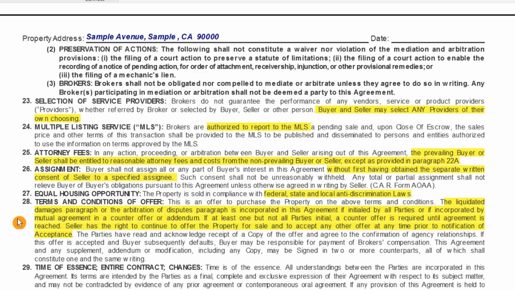And what I wanted to note is that if at least one but not all parties initial, a counteroffer is required until agreement is reached. The seller has the right to continue to offer the property for sale and to accept any other offer at any time prior to notification of acceptance.